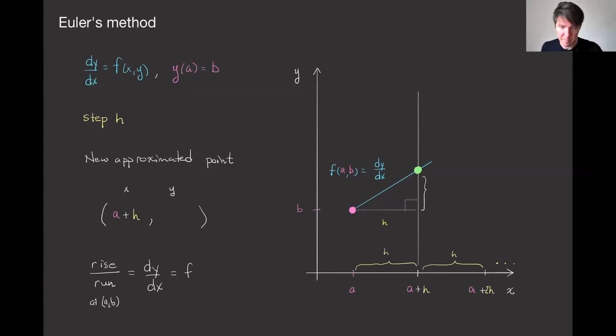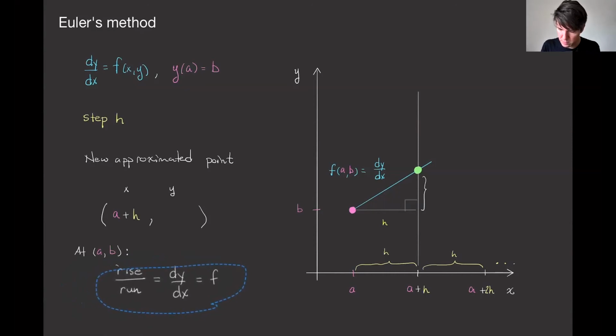That's worth highlighting: all these are at the point (a, b). So let me give this a little bit of a heading. This is specifically at the point (a, b). We have that the rise over the run is equal to dy/dx, which is equal to f of a particular point, f(a, b).